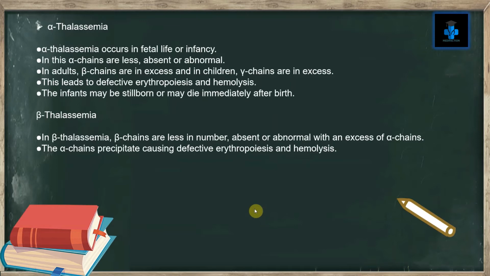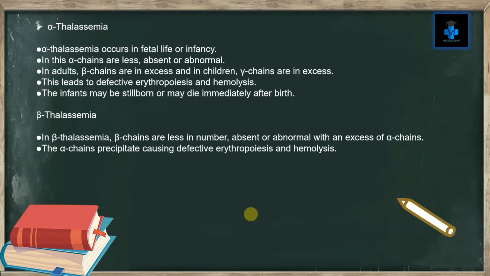Alpha thalassemia. Alpha thalassemia occurs in fetal life or infancy. In this, alpha chains are less, absent or abnormal. In adults, beta chains are in excess, and in children, gamma chains are in excess. This leads to defective erythropoiesis and hemolysis.